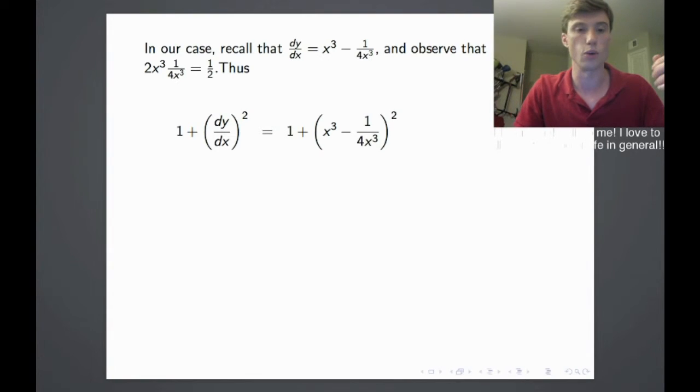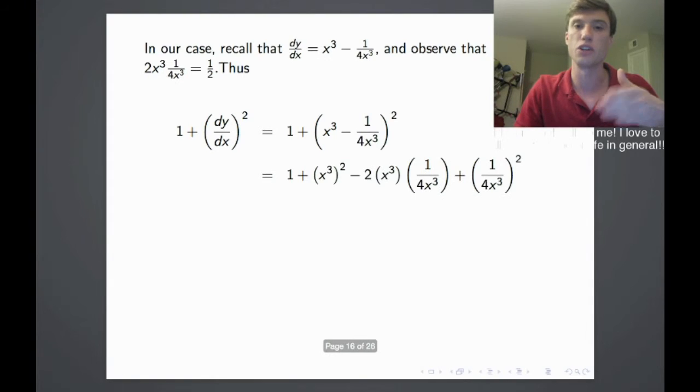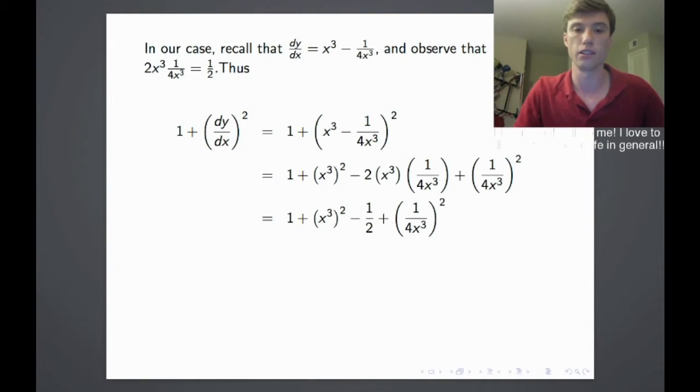So we're looking at 1 plus (dy/dx) squared. This is equal to 1 plus (x cubed minus 1 over 4x cubed) squared. We expand the second term. And again, we have this 2ab, which is equal to a half. We can combine the 1 and the negative 1 half.